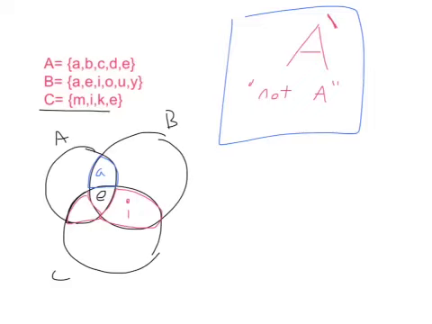It has B, C, D, and B has left, well, it's already shared, it's A, E, and I, so it has O, U, Y, and C has M, K left over.